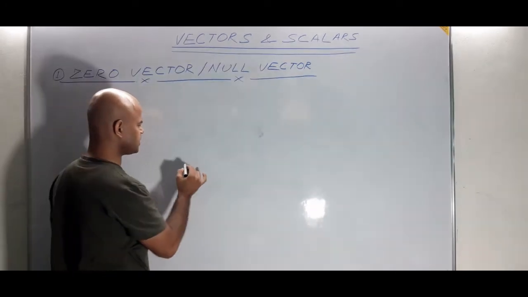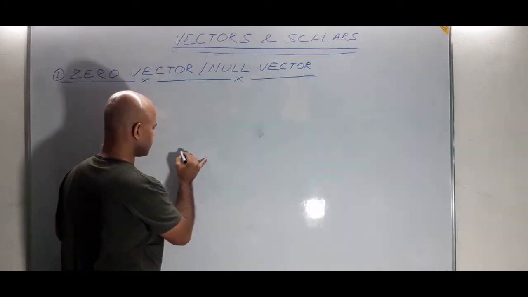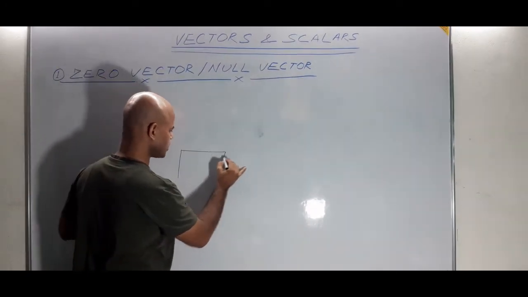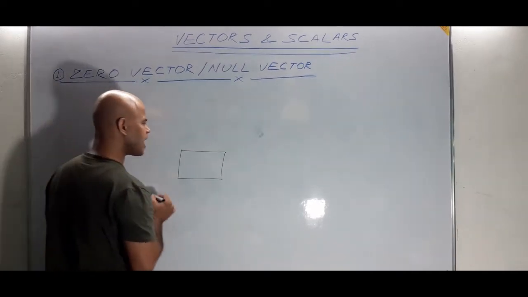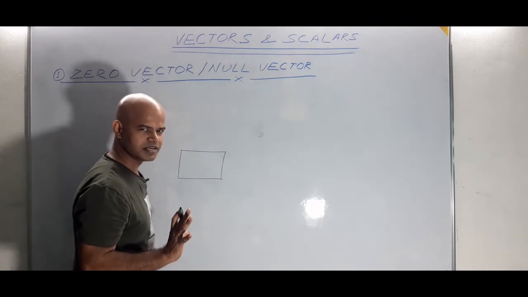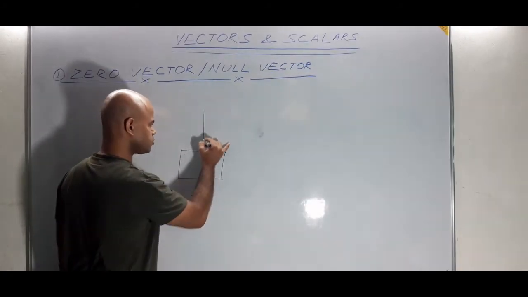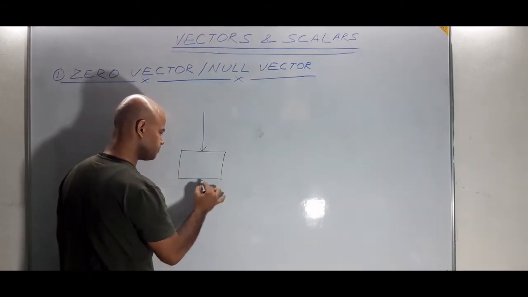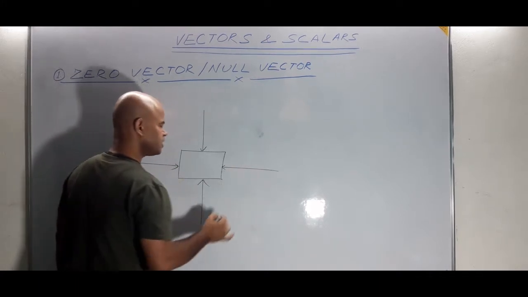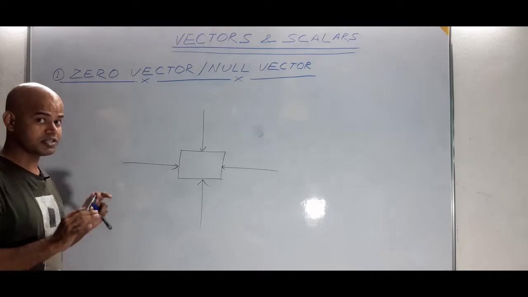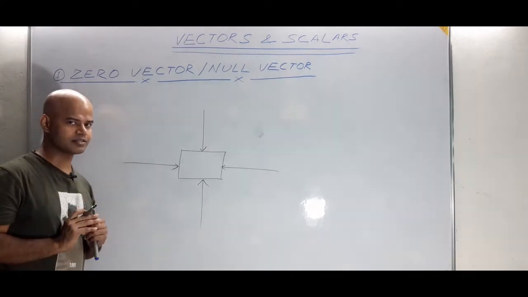Let's take a very simple example. Suppose this is a block, right? I'm taking a very simple example. This is a block and it is applied with four forces. Four forces from top, from bottom, from left and from right. And the block is at rest. The forces are acting but the block is at rest.